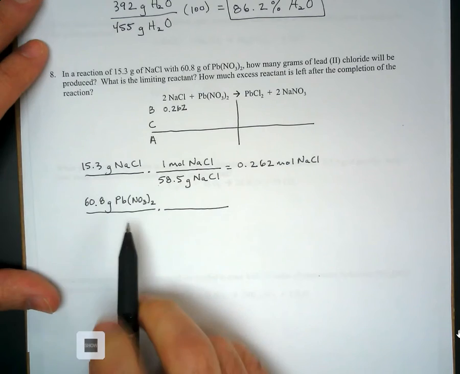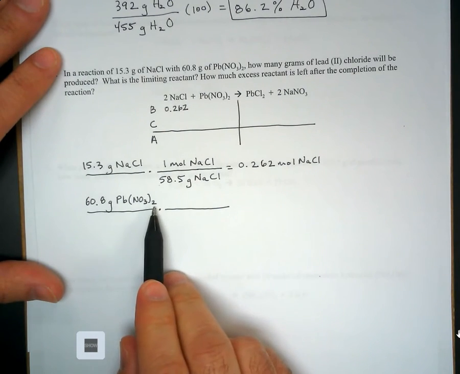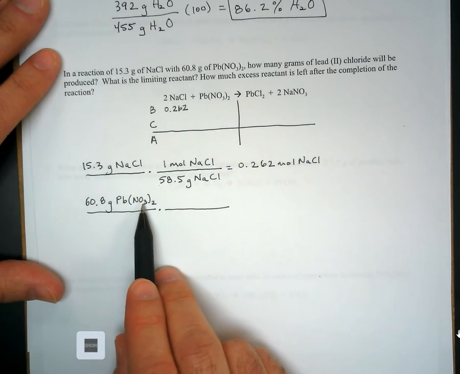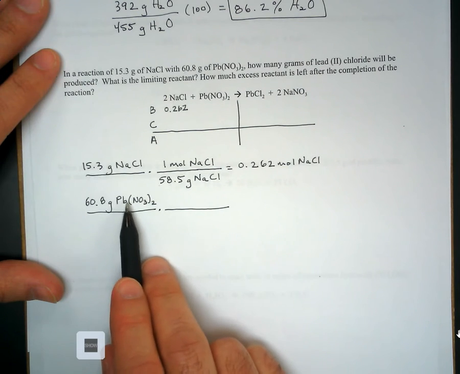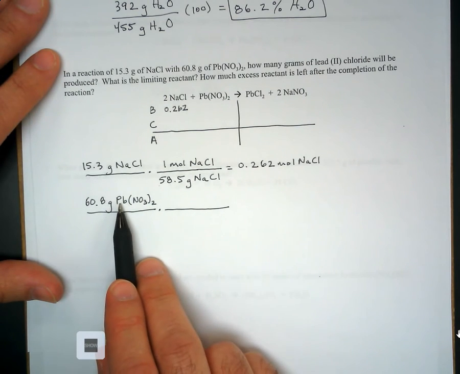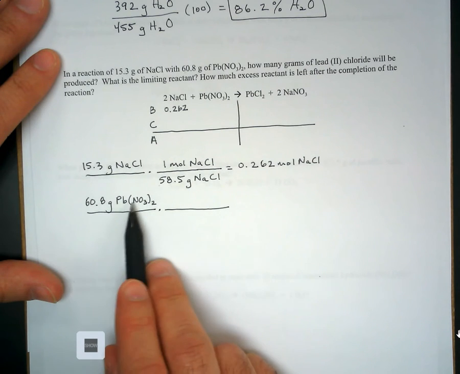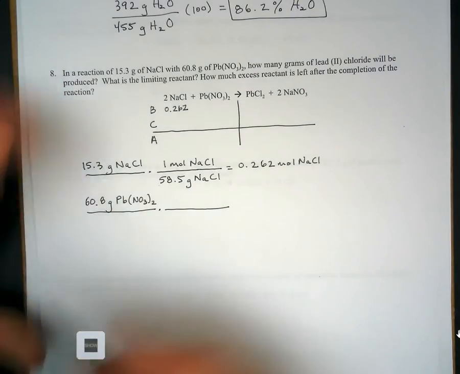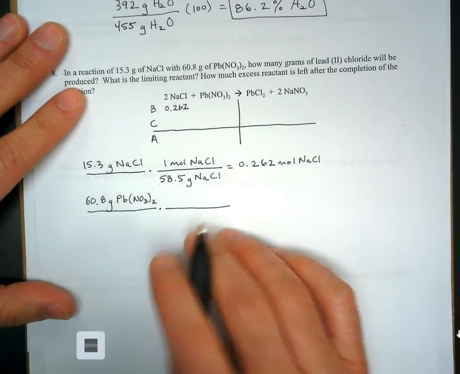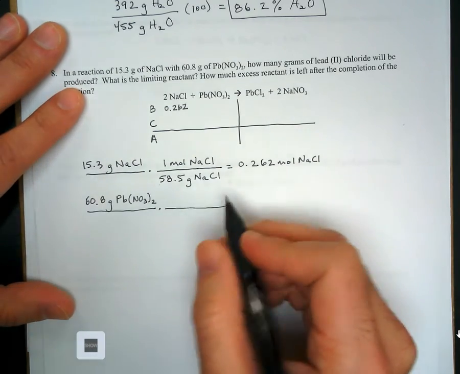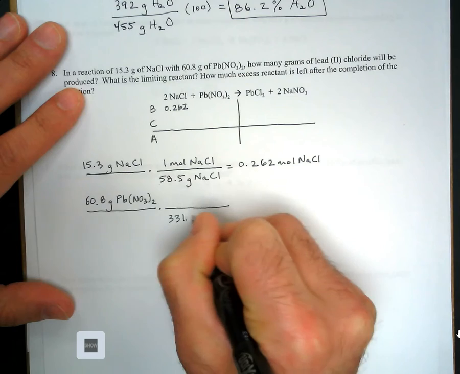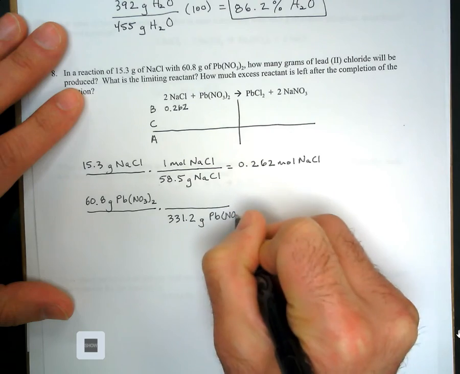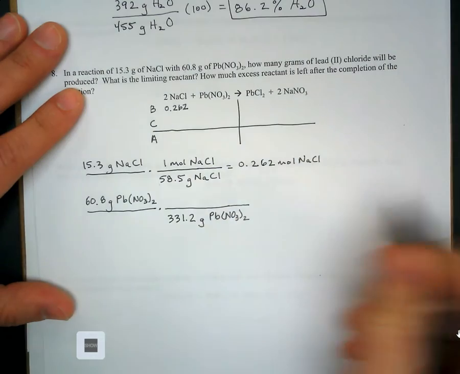So when you're doing the grams for the Pb(NO3)2, remember, any number outside of parentheses, like a subscript like this, you multiply times any subscript that's inside. So it doesn't go to the Pb because the Pb is not in the parentheses, but there's one of the Pb, there are 2 of the nitrogen, and there are 6 of the oxygen, and you multiply by the masses and add it all up, right? If you've done it correctly, that comes out to be 331.2 grams of the Pb(NO3)2 for 1 mole.